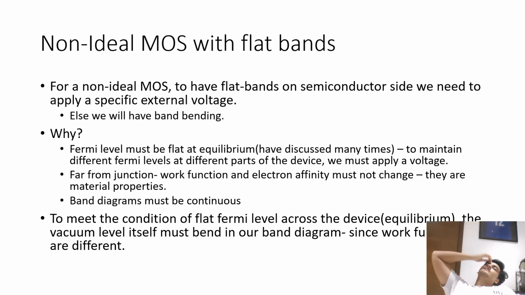The consequence of that is that when your vacuum level bends, since your conduction band is always defined in reference to your vacuum level, and your valence band is also always defined in reference to your vacuum level, those bands in the semiconductor start bending.